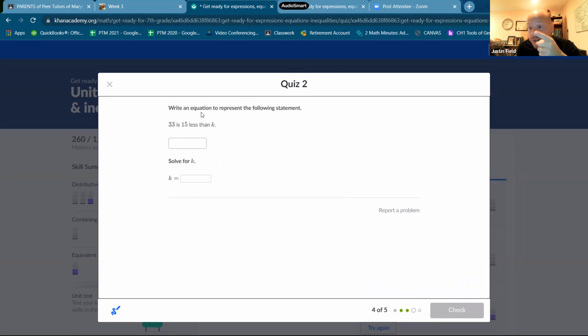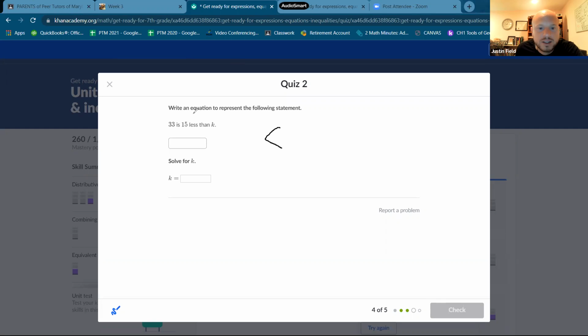Write an equation. See how I'm like, really attuned to that word equation now. The following statement: 33 is 15 less than k. So we know that the less than sign is like this, but this is talking about an equation, and this is for an inequality.